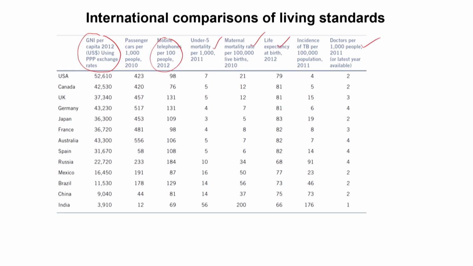In contrast, India has 3,910 and China has 9,014. So it reflects large income disparities between developed and developing countries. This is also reflected in the health outcomes, access to services and technology access as well.